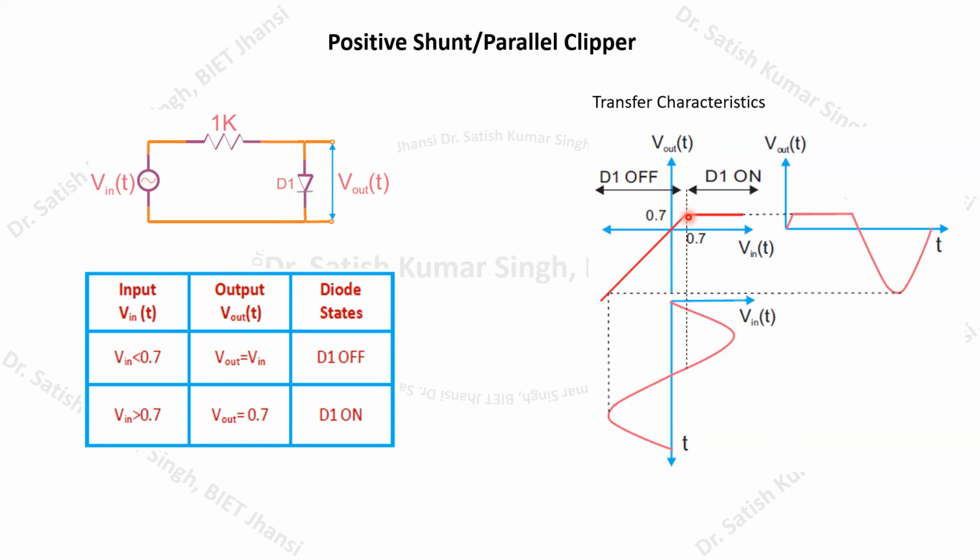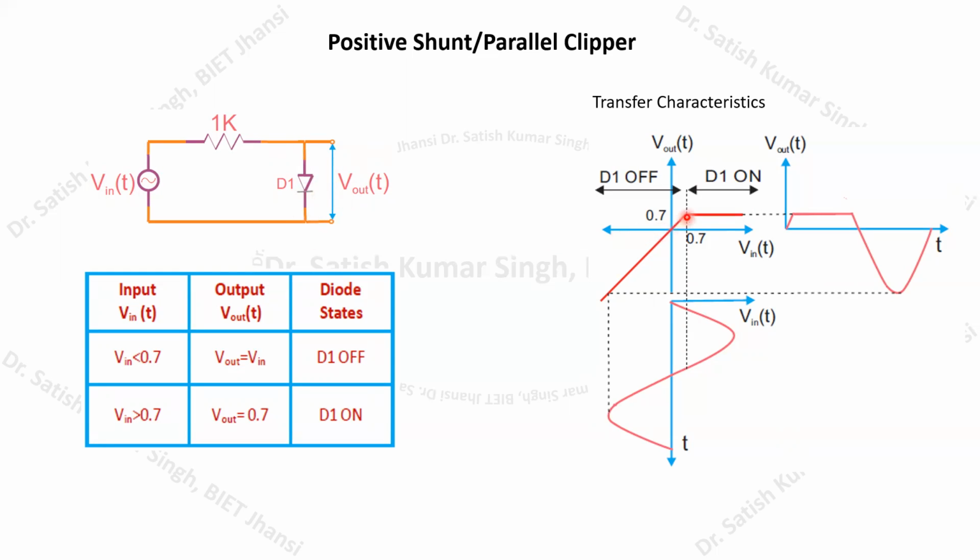Practically, you may find a little bit of variation in this voltage. Here I have just drawn an ideal picture, but practically that variation will be very small, fine. And whenever this voltage is less than 0.7 volt, you know that there will be no current through this diode, because the diode will be in the off state, and therefore whatever the input voltage is, that voltage is going to appear across this open circuit terminal.